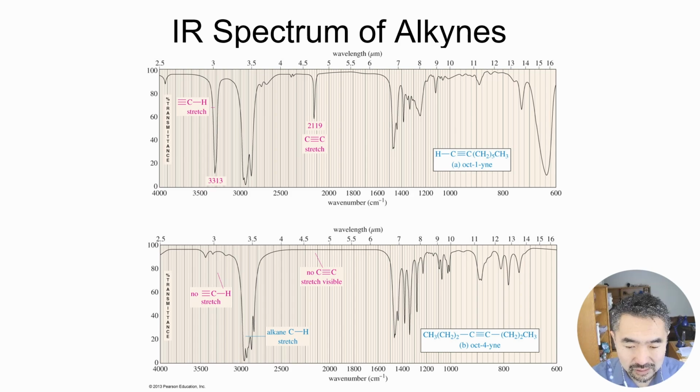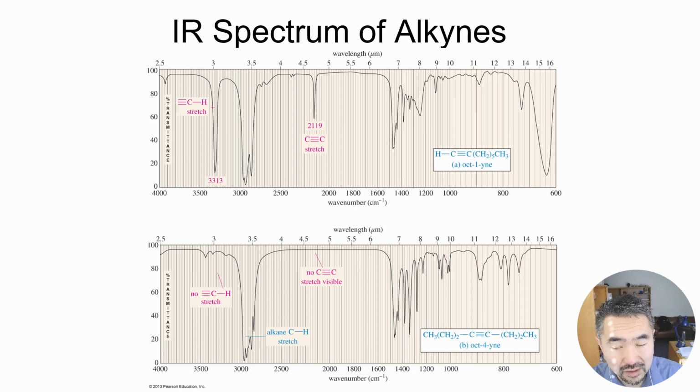Now, you might be puzzled to see this spectrum because you do have an alkyne, but you don't see the triple bond stretch, and the reason is this stretch is usually enhanced by some sort of polarity. So if there's no polarity in the triple bond, often you don't see the stretch at all. I want you to notice there is polarity here, because on the right side of this alkyne, this carbon is attached to another carbon, whereas this alkyne sp carbon is attached to a hydrogen.